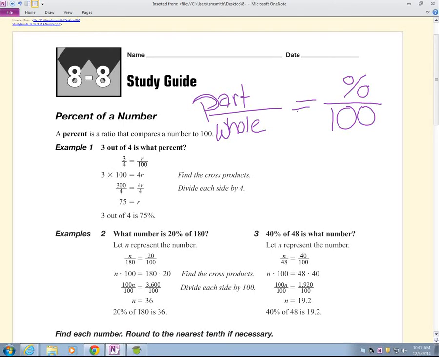I like to put the percent because it's just the number that goes there. You wouldn't put the percent sign because you replace that percent sign. Yep, number of percent.